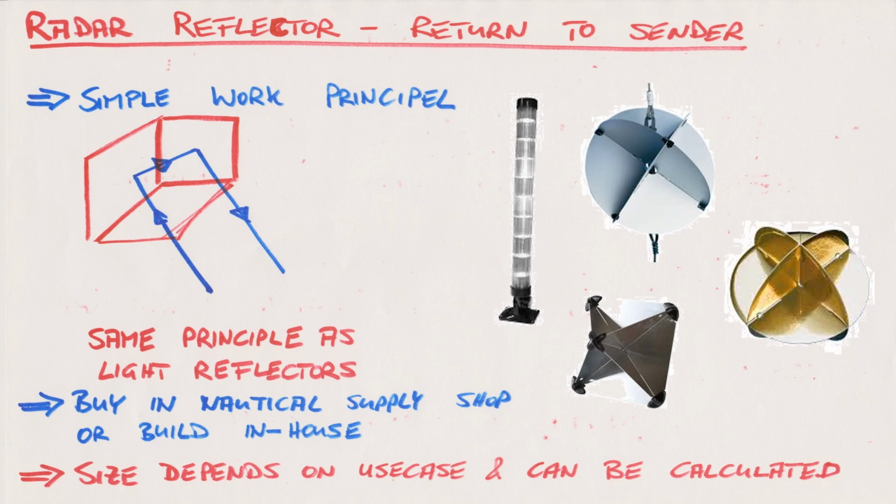It's very specific hardware with a very simple working principle that you maybe know from cat eyes in the dark, or the modern reflectors we have on bicycles, motorcycles, or boats. You can even buy these in naval shops, and you can also weld them together if you have the material.